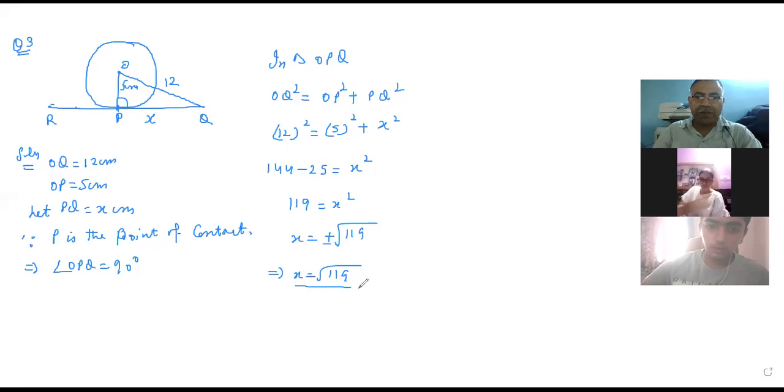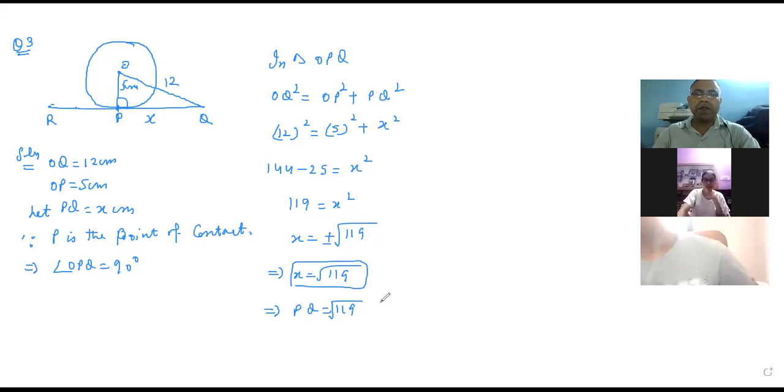Because length will always be positive, so PQ is equal to root 119. So I hope this is clear.